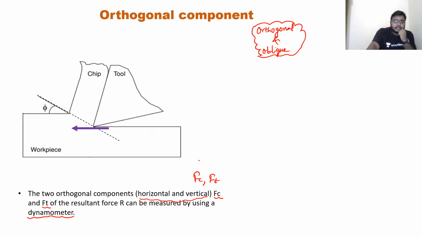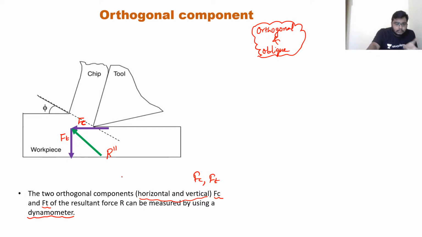So what will happen? In this direction the FC is acting. This is your cutting force. Clear? Next, in this direction the FT will act, the thrust force. And the resultant of these, again suppose we have R and R dash, so suppose this is R double dash. So this is the resultant of two forces.